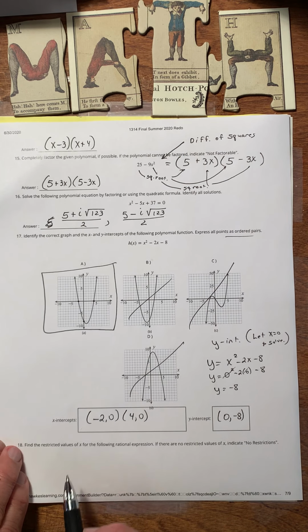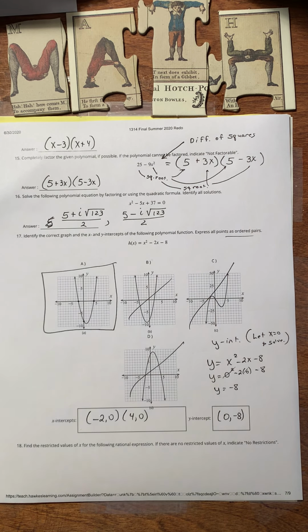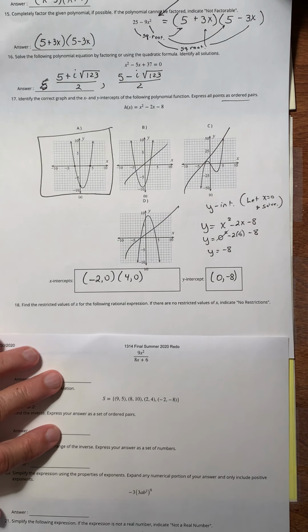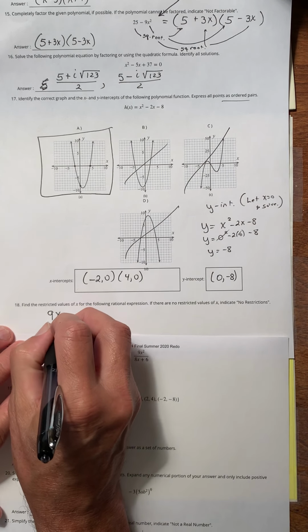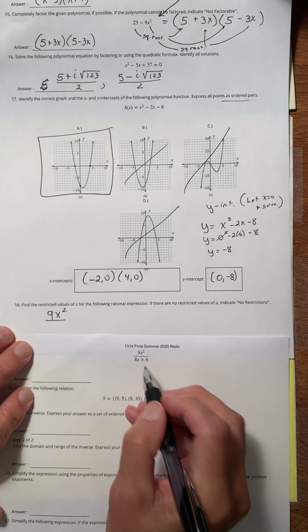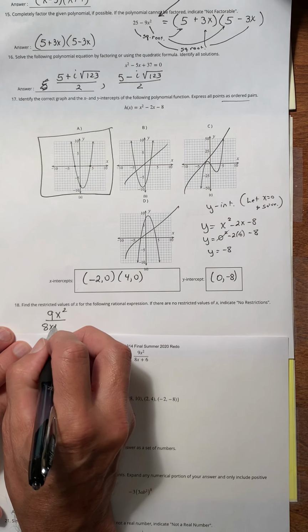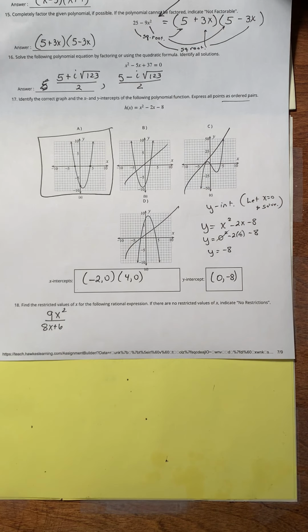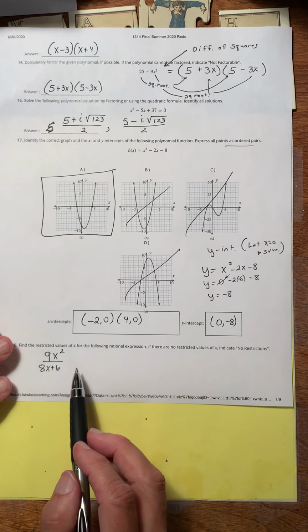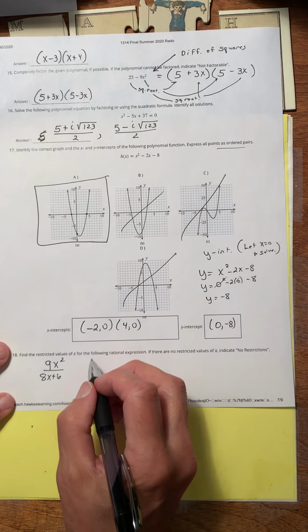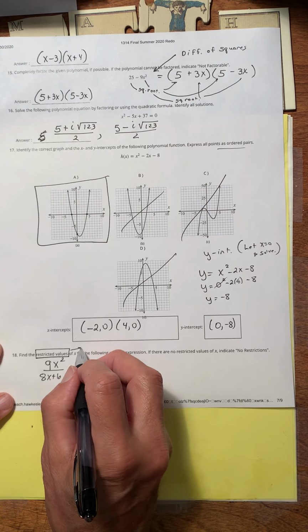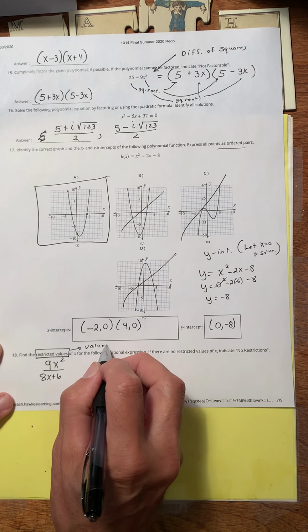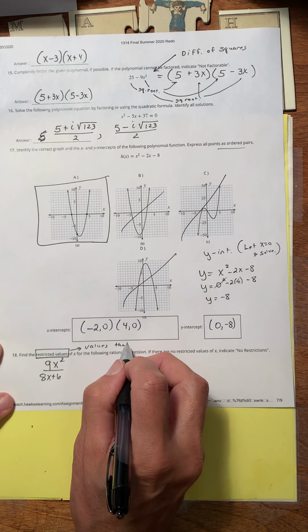It says find the restricted values for x for the following rational expression. And here it is. I'll go ahead and write it out here. Okay, find the restricted values for x. Restricted values mean values that make the denominator 0.